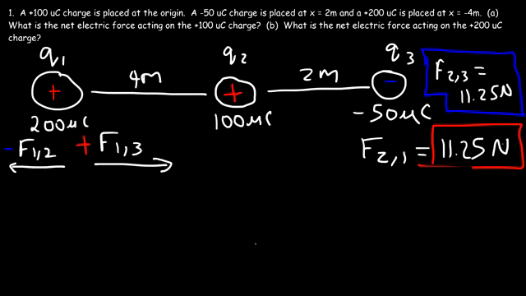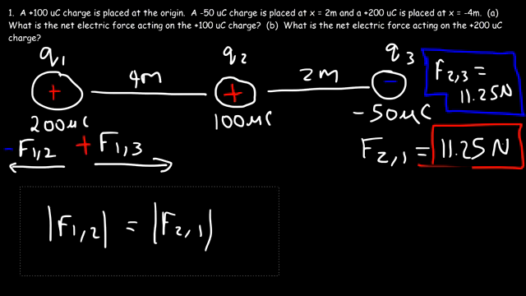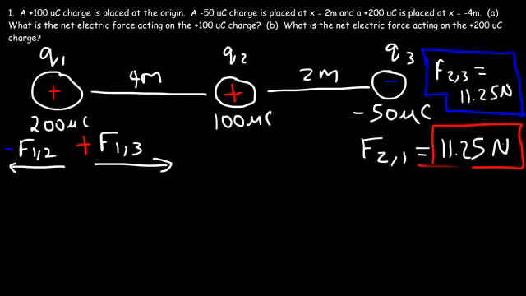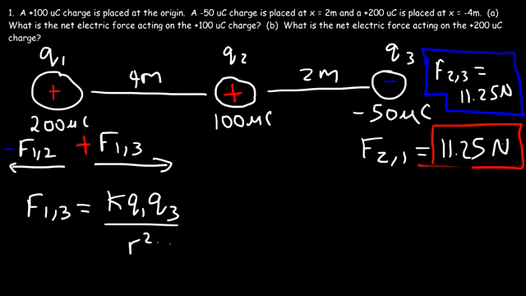So technically, we should say that the absolute value of F1,2 is equal to the absolute value of F2,1, because one might be negative and the other might be positive. So we don't need to calculate this value because we already have it here. We do, however, need to calculate this value because we don't have that yet. So F1,3 is going to equal K Q1 Q3 divided by r squared.